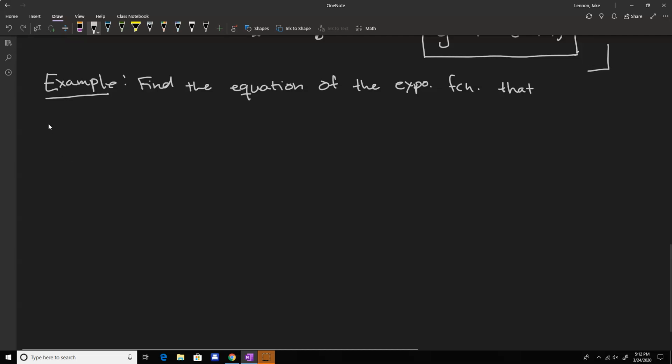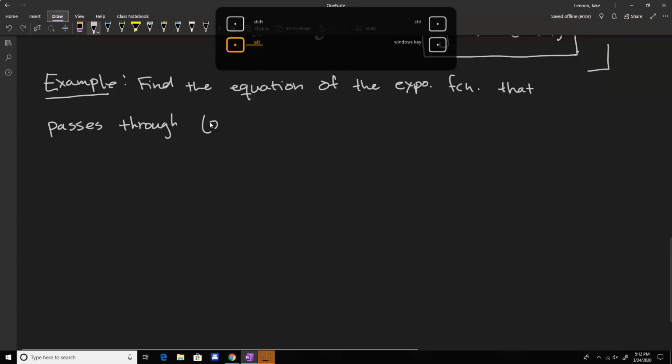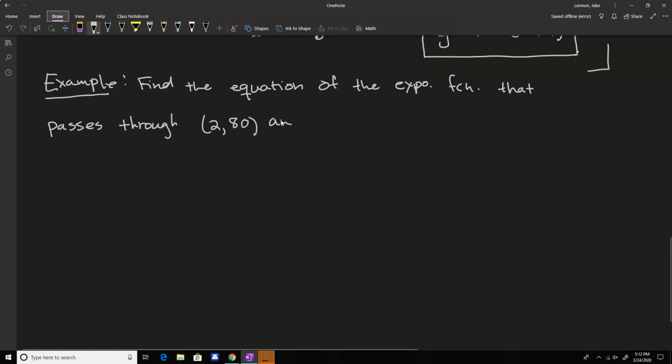We want to find the equation of the exponential function that passes through 2,80 and 5,40.96.